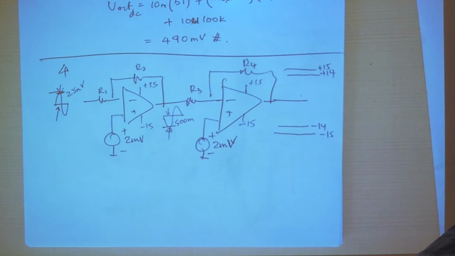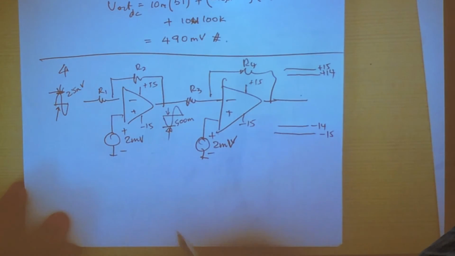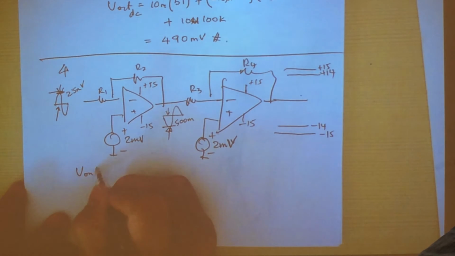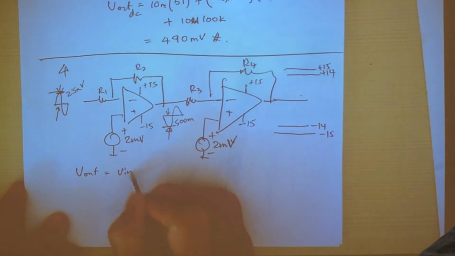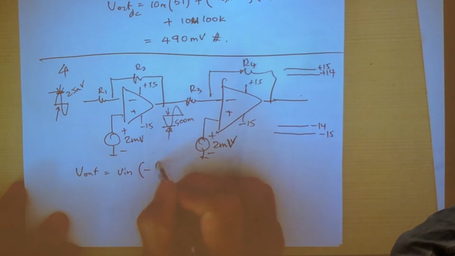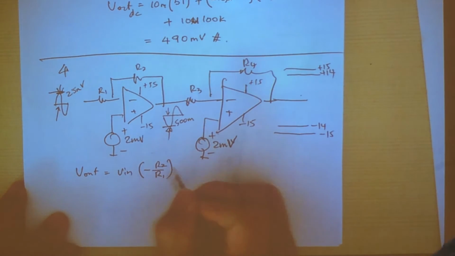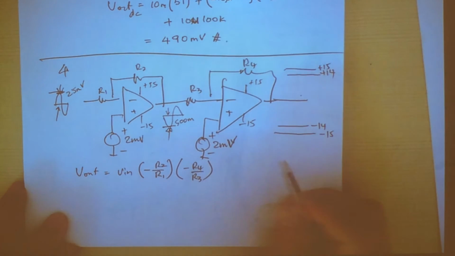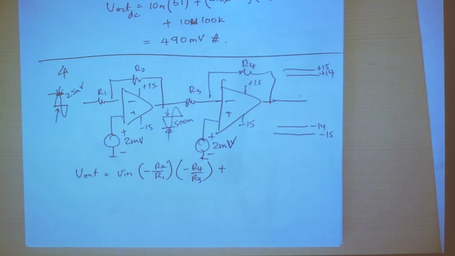So this is what we have, and therefore we can write the equation that V out is equal to V in multiplied by the first gain stage R2 over R1 multiplied by the second gain stage R4 over R3. This is for the input. Then when we deal with the V offset, we kill V in, we kill the second offset, and only deal with the first offset.